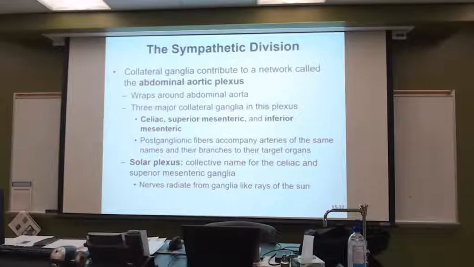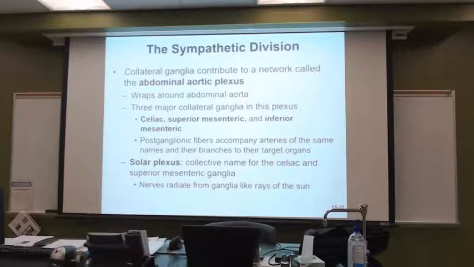In this part of the makeup of the body, in this abdominal region, the abdominal cavity, when we look at how we have this network, the celiac, the one that we saw on the left, being named, superior over on the right, and then nerves that are radiating from them, they make up our solar plexus.